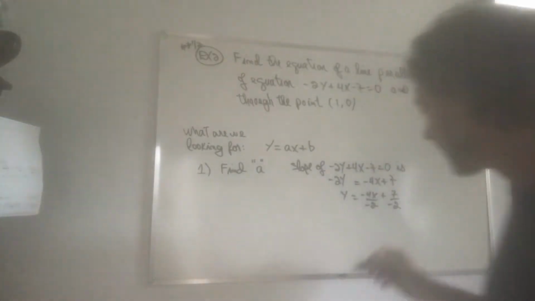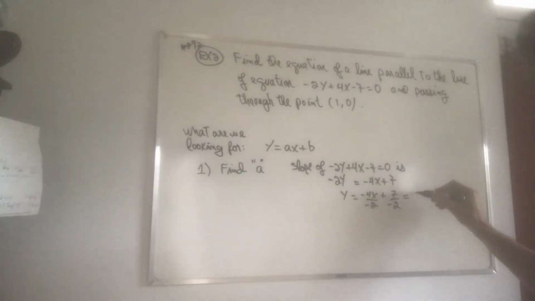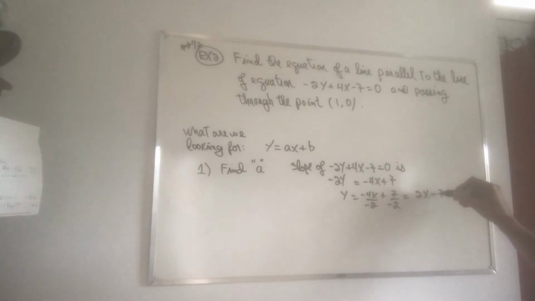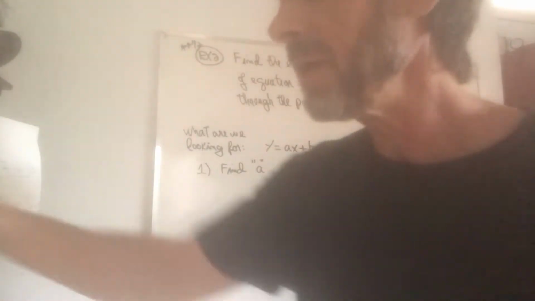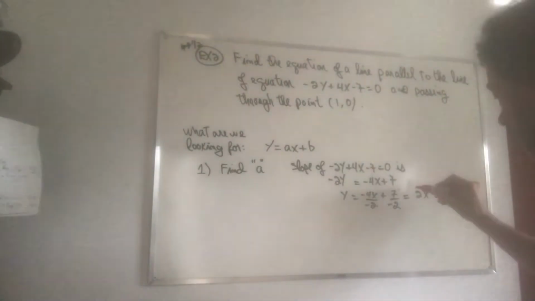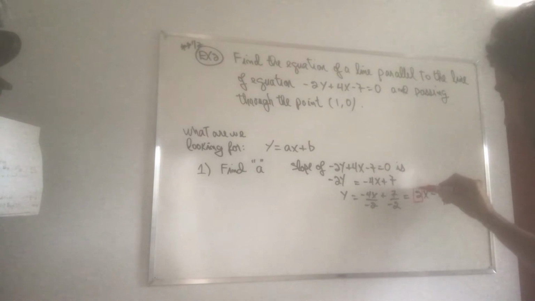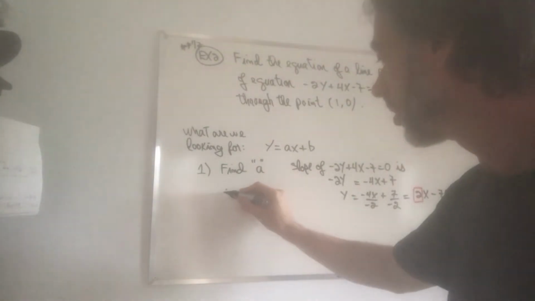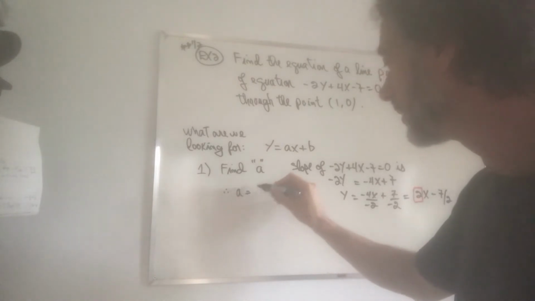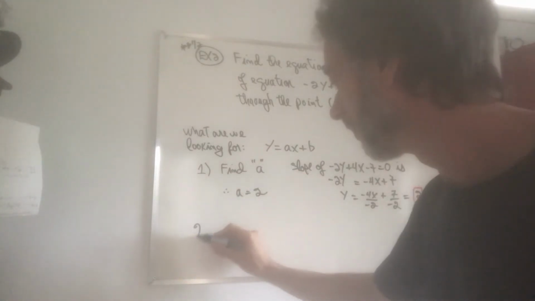So y is minus 4x over minus 2 plus 7 over minus 2. That is to say y equals 2x minus 7 over 2. The minus 7 over 2 is not relevant here. What matters is the slope of this line, which is 2. So you know what that means? It means that our slope is 2 because the lines are parallel.